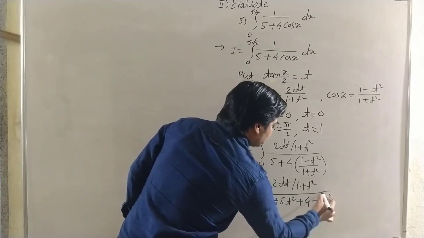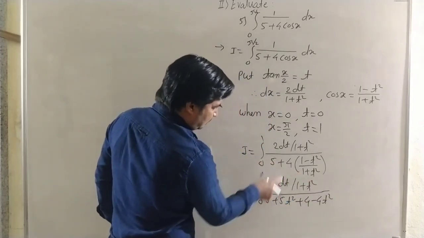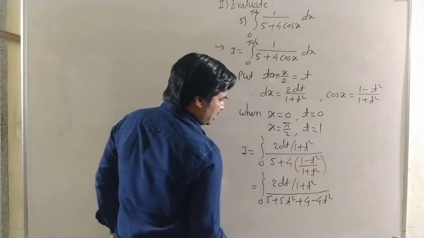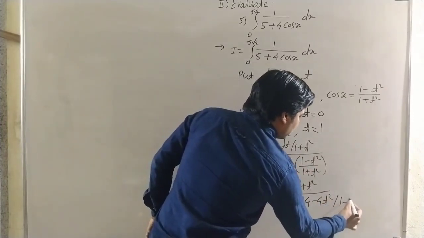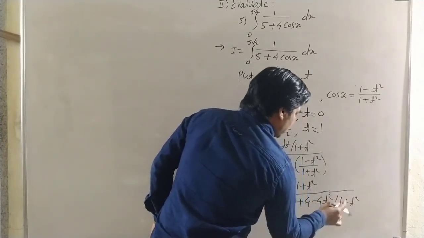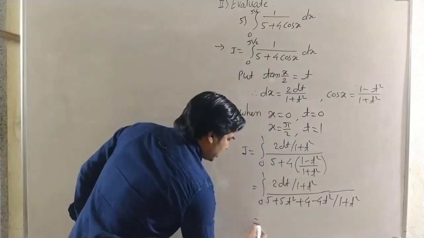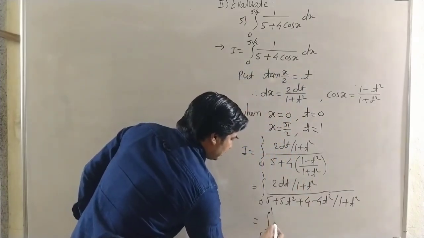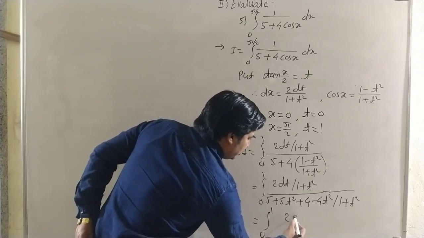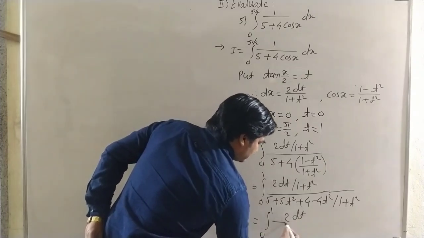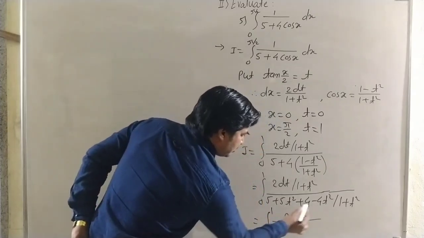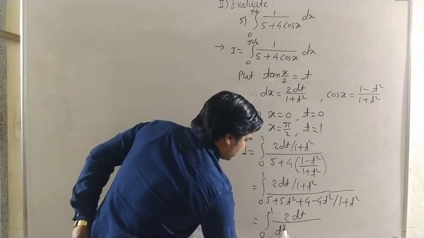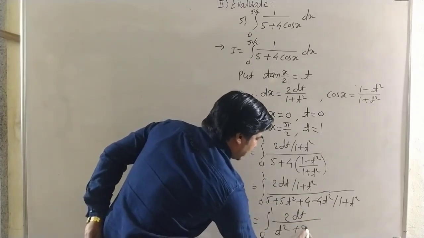See carefully, 1 plus t square multiplied by this 5 and this 4 multiplied by 1 minus t square upon 1 plus t square. Here 1 plus t square upon 1 plus t square get cancelled. Integral 0 to 1, 2 dt upon 5t square minus 4t square, it is t square, plus 9.